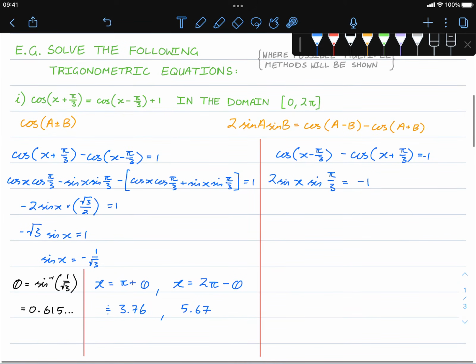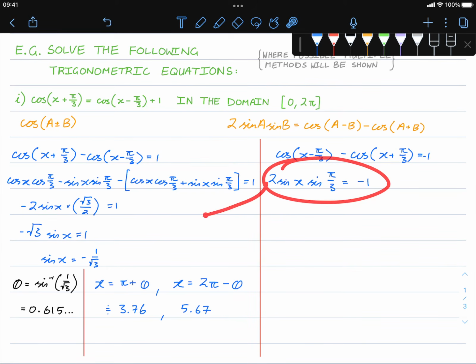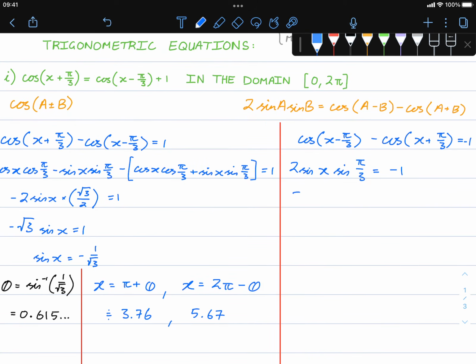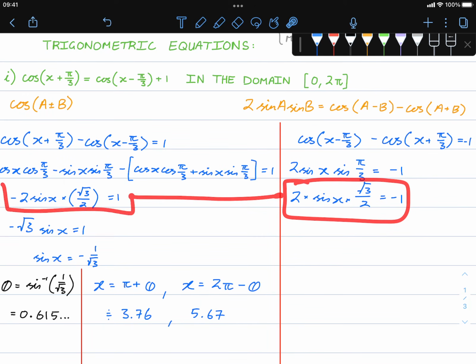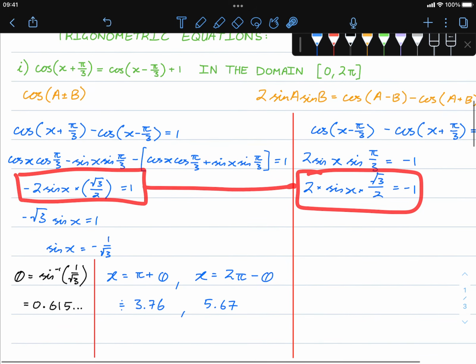Notice how this point is this one here, because now when we expand this, we get 2 times sine x times root 3 on 2 equals -1. And now at this point, it is identical to this point of the equation.